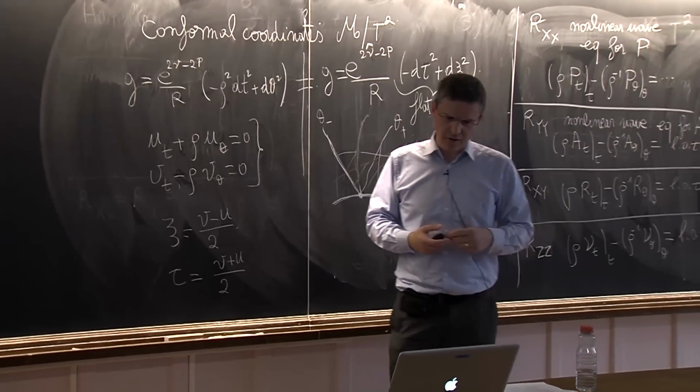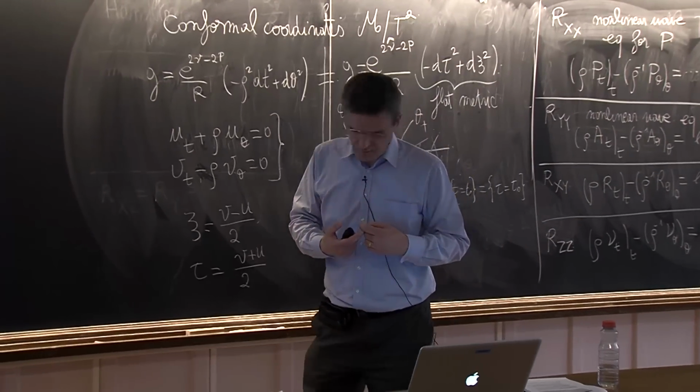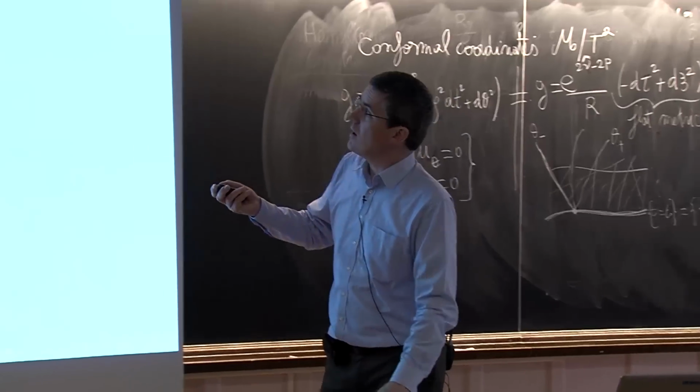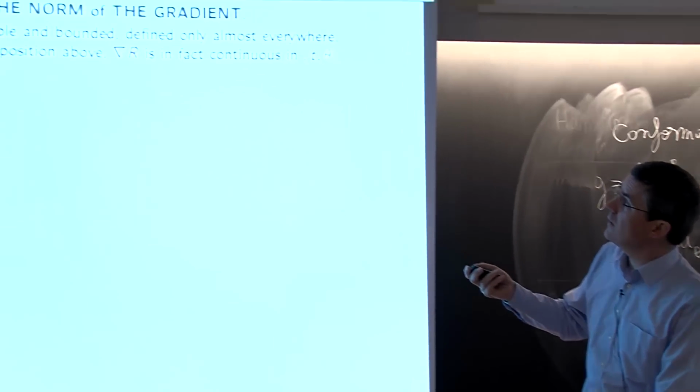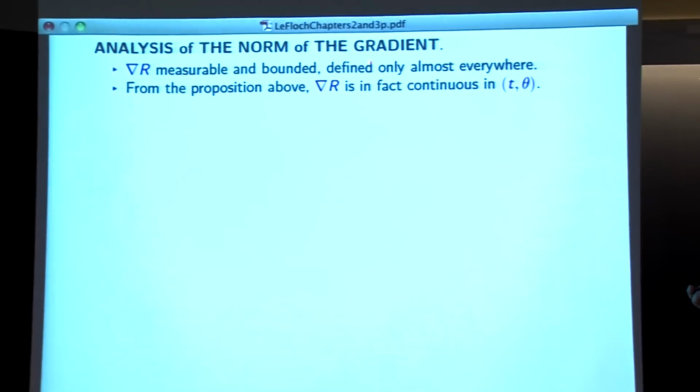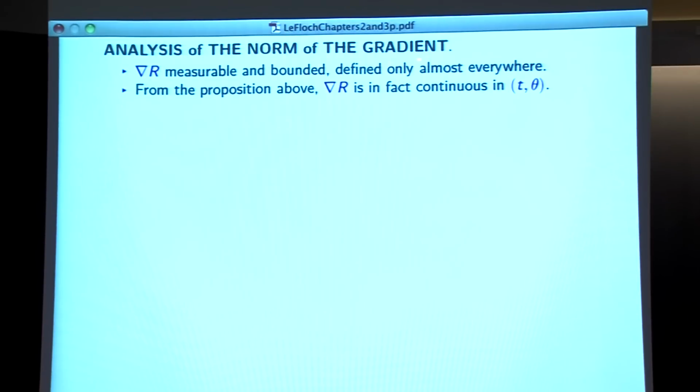Okay, so here's the analysis of the norm of the gradient. Nabla R in principle is only L infinity. That's what was given to us by the geometric definition. And then we observe that it was actually more regular. Nabla R was, in fact, absolutely continuous.